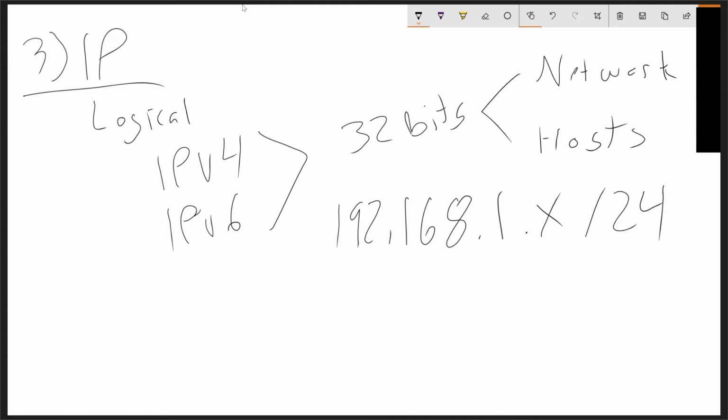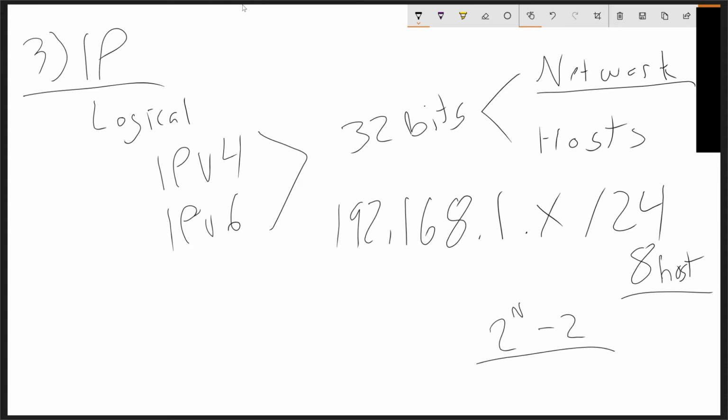What that means is that there are 24 network bits and 8 host bits. Once you know that there are 8 host bits, here's how you calculate how many hosts. Remember, I discussed that hosts are the devices that are connected to the local area network. The host equation is really simple: 2 to the nth power minus 2.